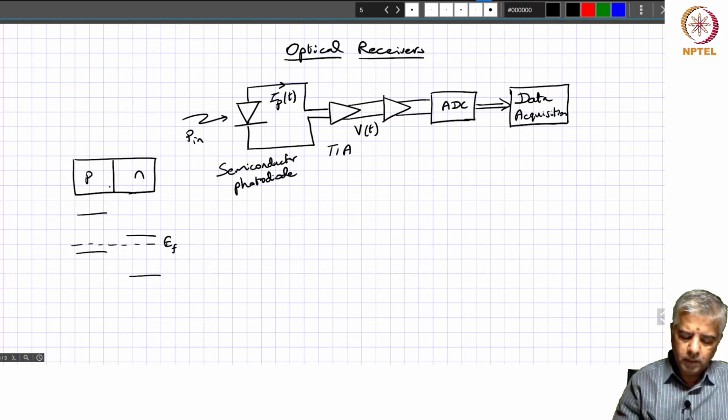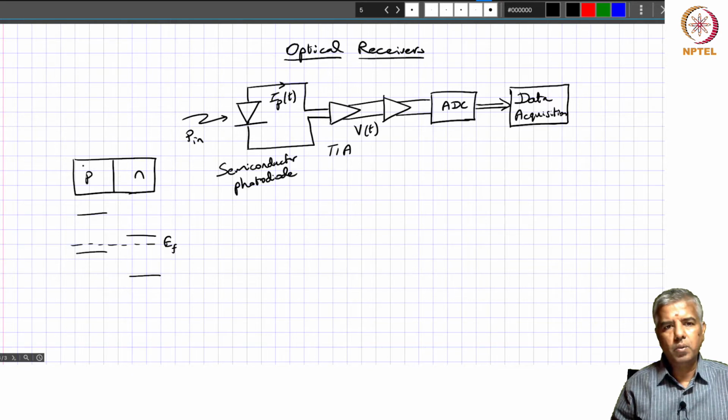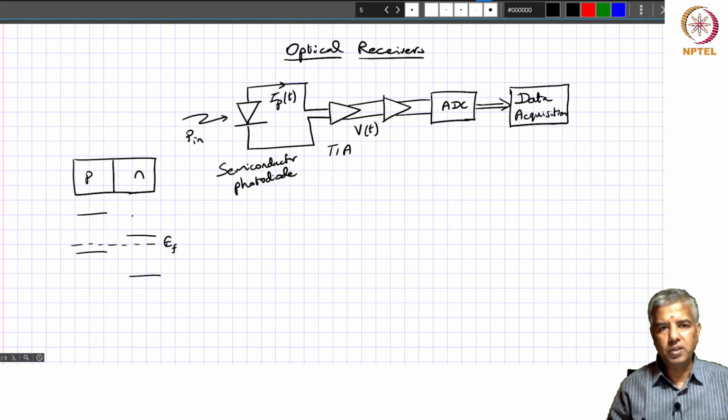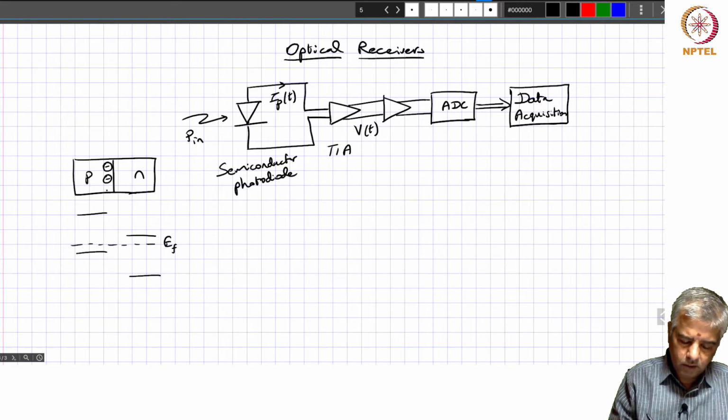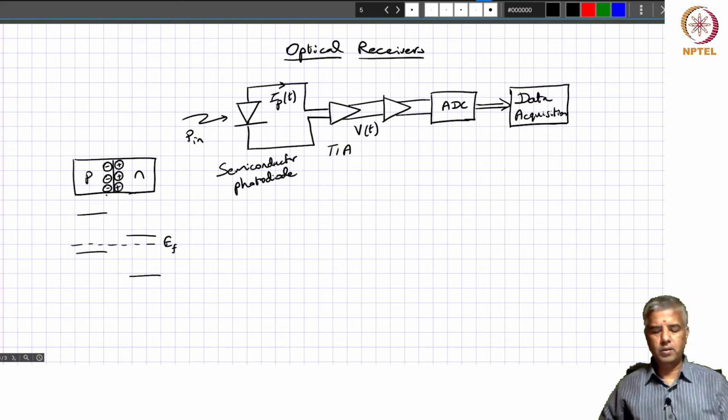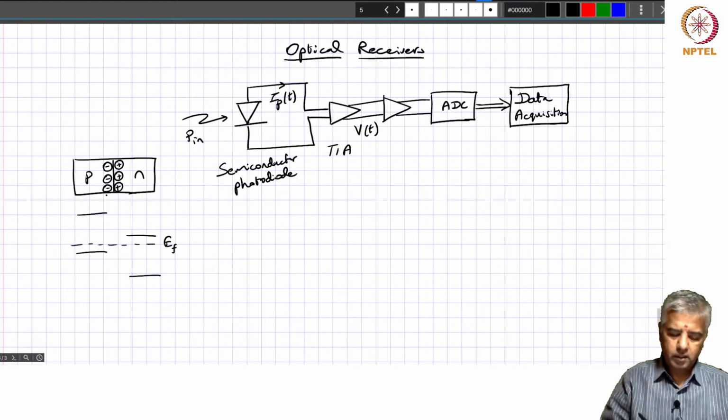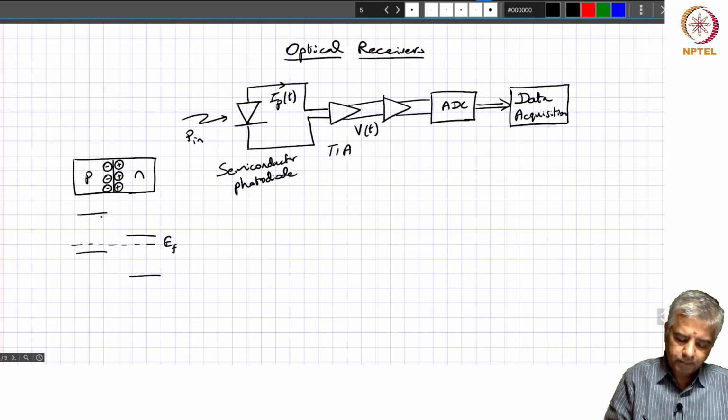So when you bring these materials together, of course we said we're going to have the majority carriers, which are the holes in the p-type semiconductor, going to move over to the n-type, and the electrons, which are the majority carrier in the n-type, are going to move over to the p-type, and they leave behind some fixed charges. So these are negative charges on this side and positive charges on the other side, and that is what we call the depletion layer. It's depleted of mobile carriers.